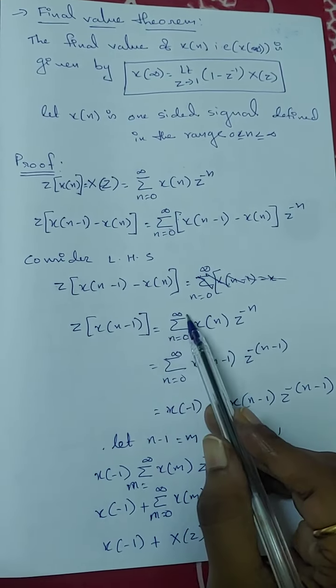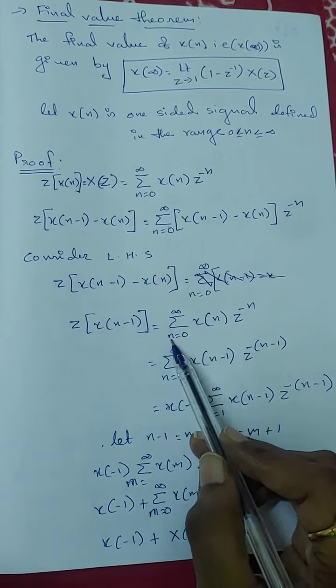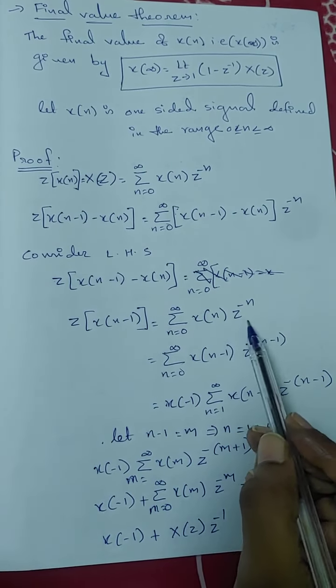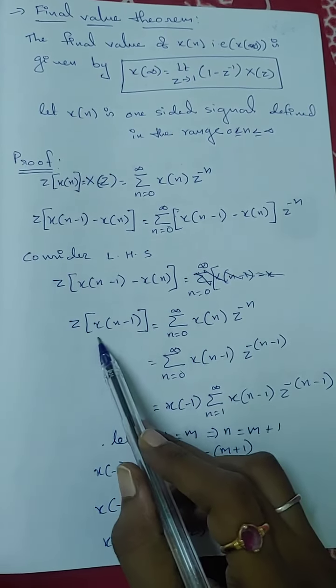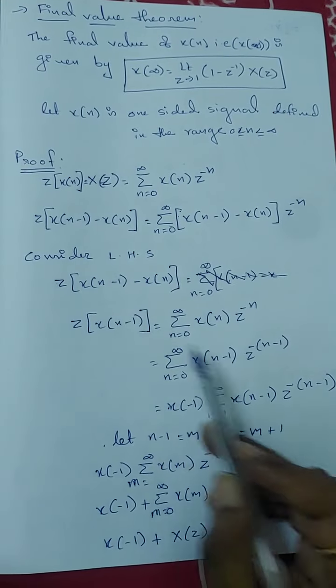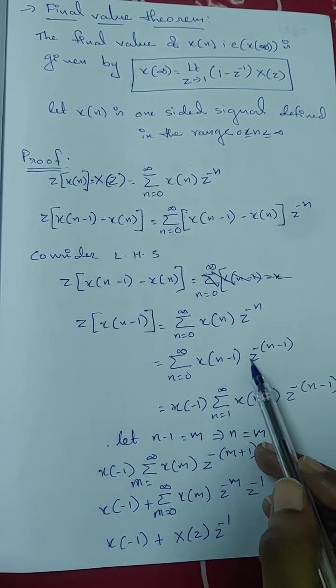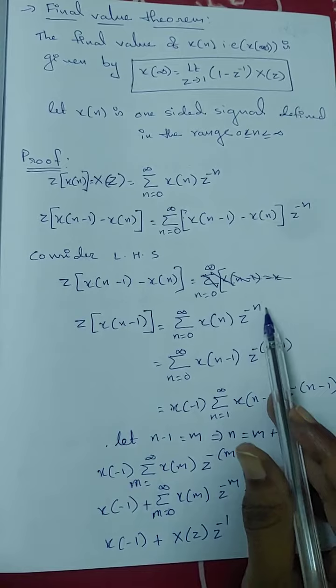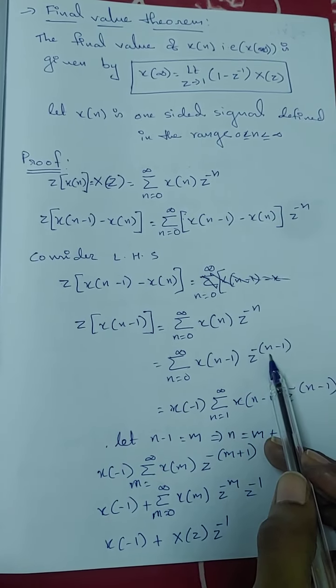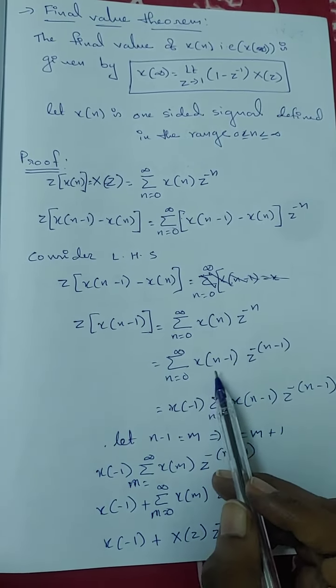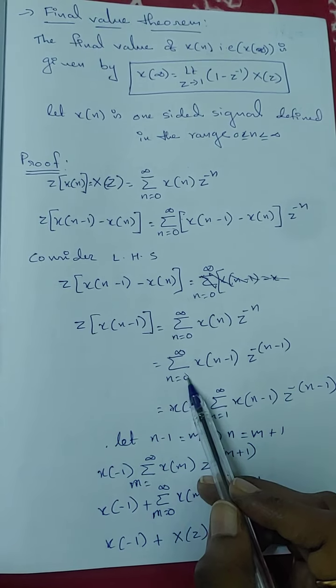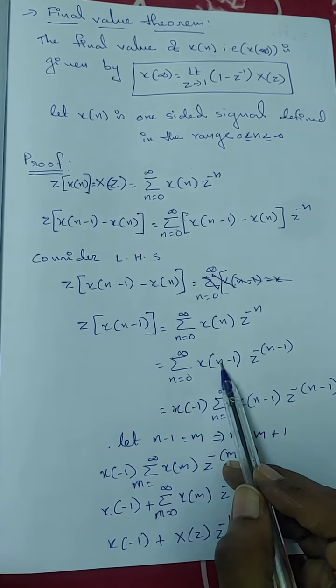First write down the Z transform equation, summation n equals 0 to infinity x of n z power minus n. In place of x of n, we write x of n minus 1, into z power minus of n minus 1. First substitute the value 0 in place of n.